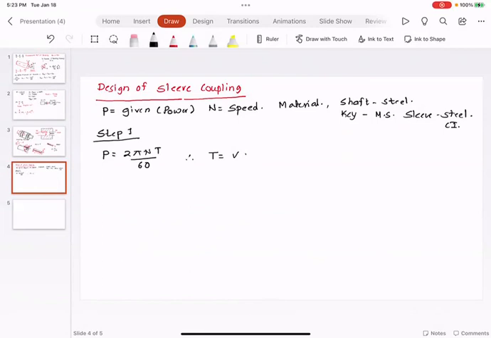Then we have to use the fundamental equation of torsion. So shaft design, step one, shaft design. We have to use T divided by J is equal to tau divided by R. And from here, we have to find out R, which is shaft radius, or we have to find out D, which is shaft diameter.